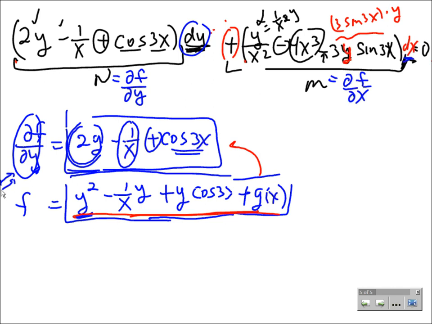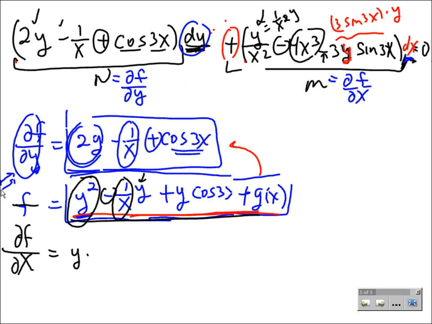Okay, now, this is f. I'll take the partial of f with respect to x. When I do it here, that's the constant. When I take the derivative, it becomes 0, minus y is a constant, so it stays, and the derivative of negative 1 over x will become plus 1 over x squared.